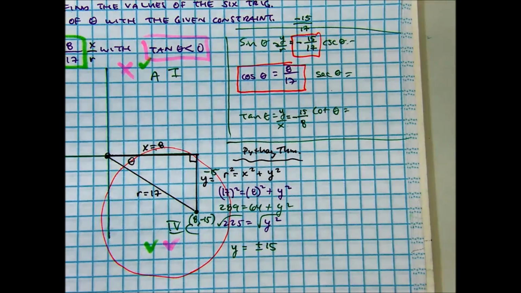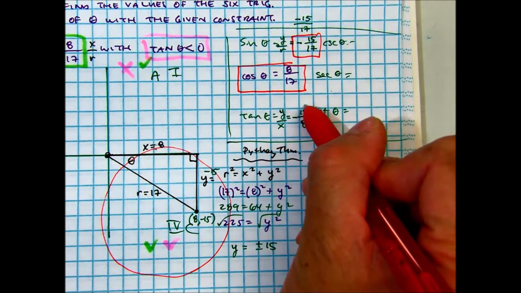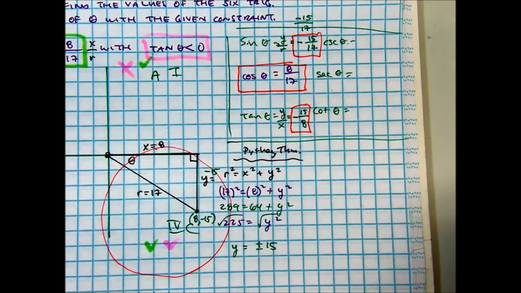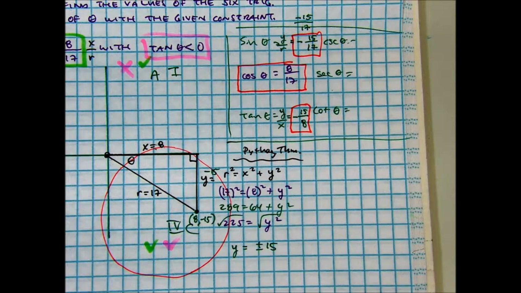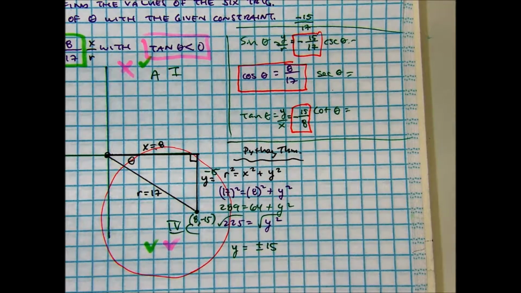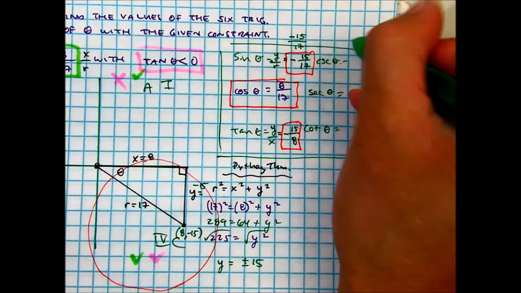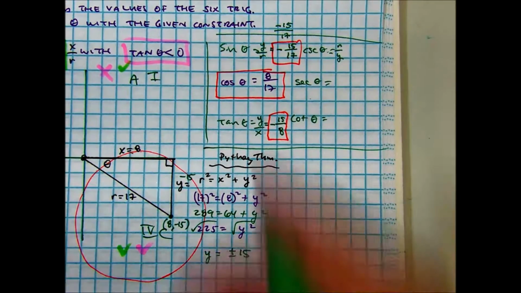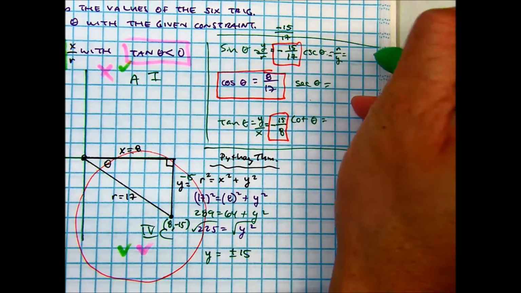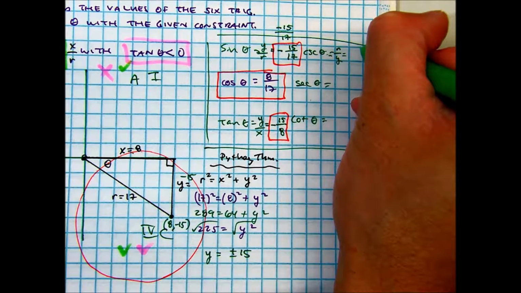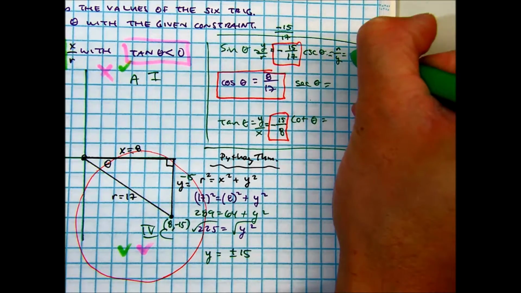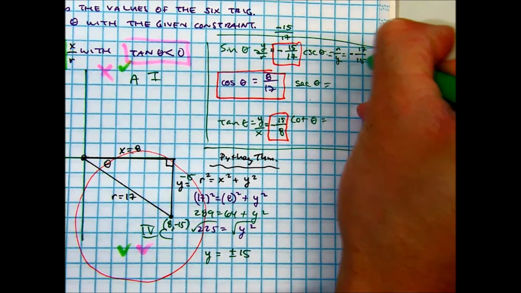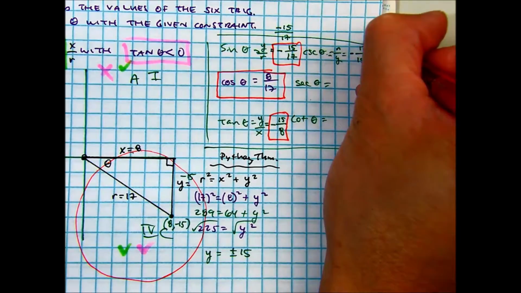Thank you. Vincent? Cosecant? r over y. Numbers? 17 over 15. And your y value is positive or negative? Negative. So I'm putting that negative in front. Thank you. Victoria?